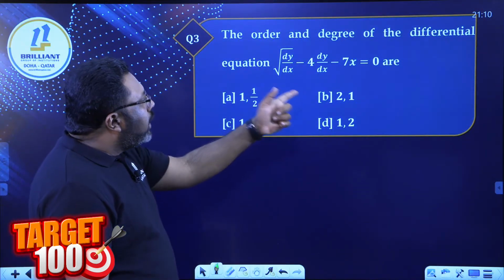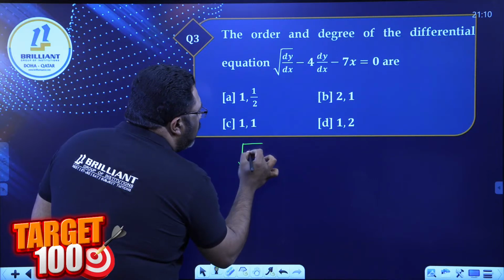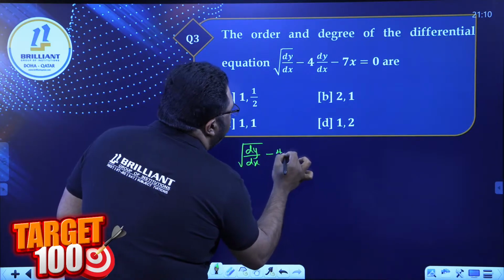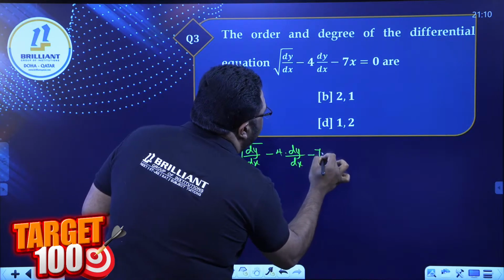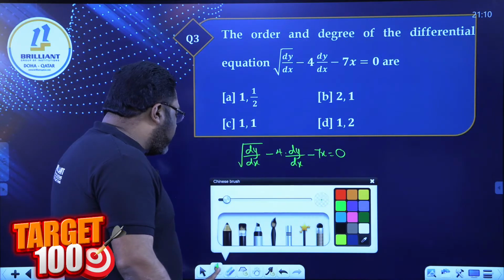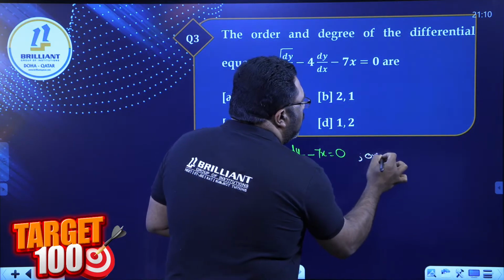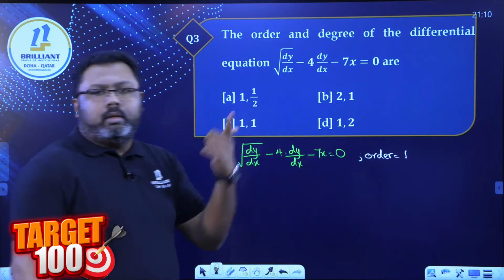Question number 3 again. Can you see that the question talks about square root of dy by dx? It's minus 4 dy by dx minus 7x equal to 0. So without any modification, you can straight away say that my order is 1.